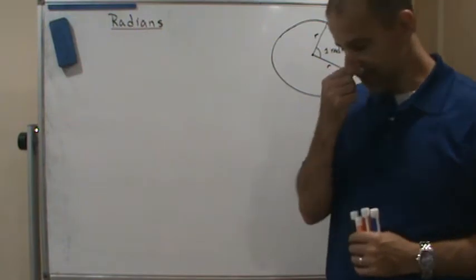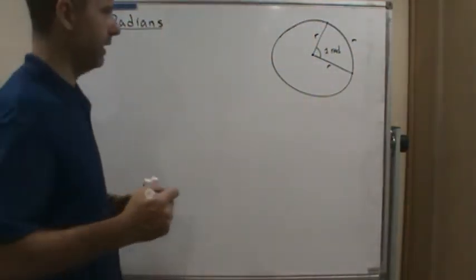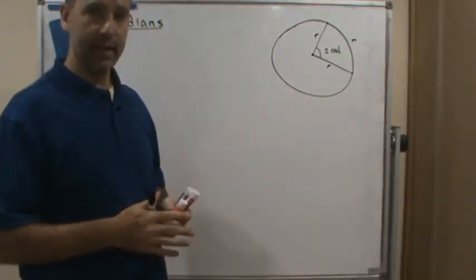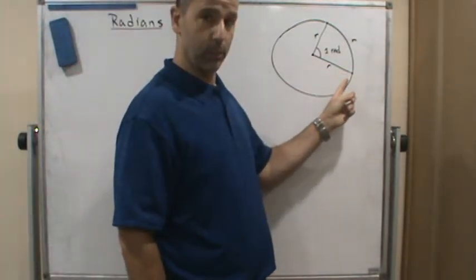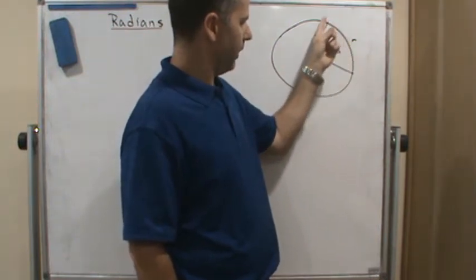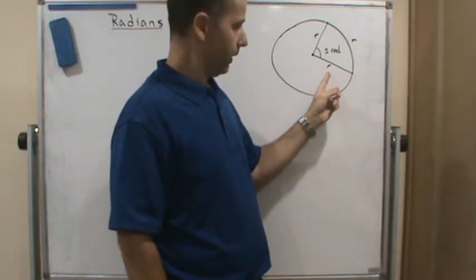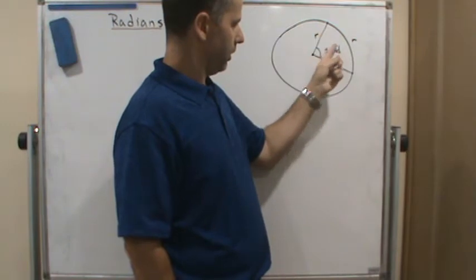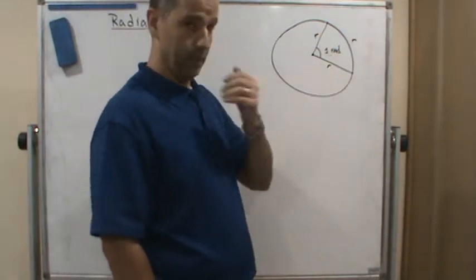Okay, so now to set this up, we have to define what a radian is. A radian is a measure of arc length. Specifically, if we take the radius of a circle and we intersect an arc length that is equal to the radius of the given circle, then we call the angle measure of the central angle 1 radian.